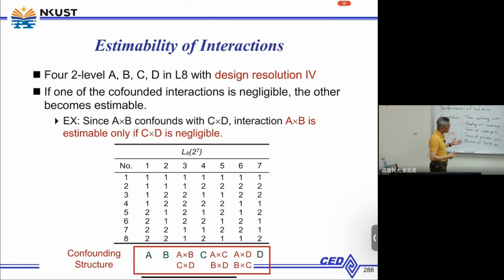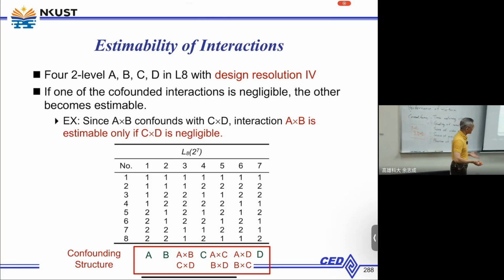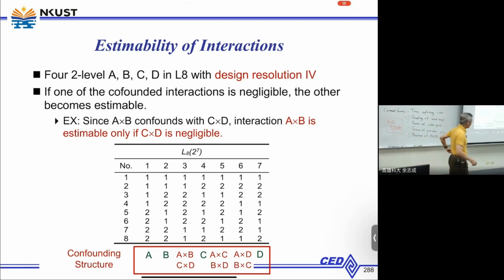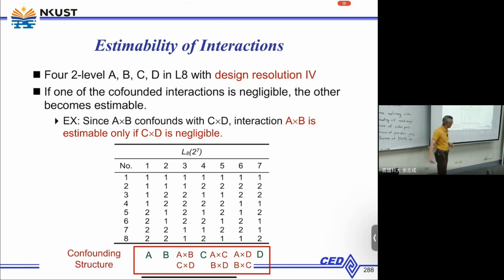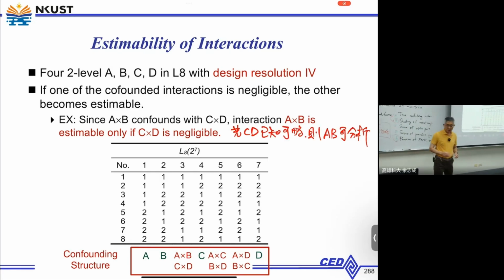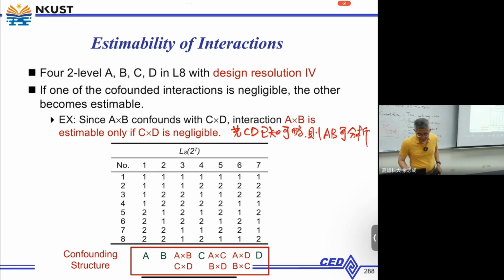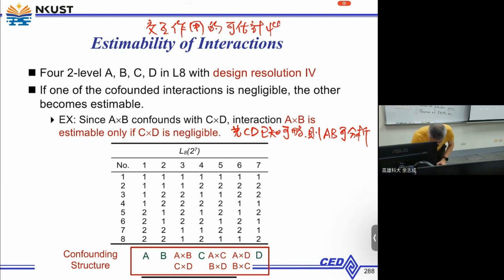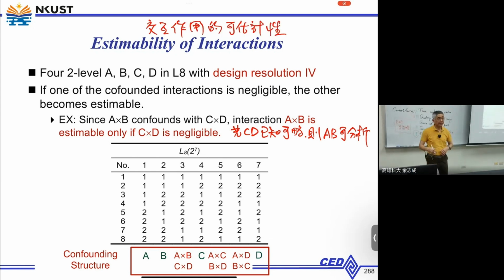Okay, it doesn't mean that you can assign randomly by yourself. So if you already know that, just like that one, if you already know that CD is negligible, then AB can be estimated. Okay, so this is estimability, whether this interaction can be estimated.